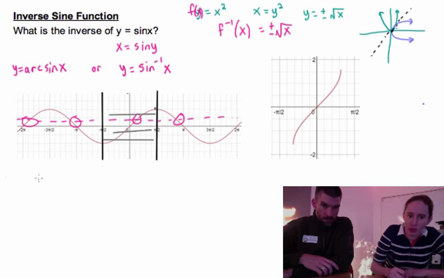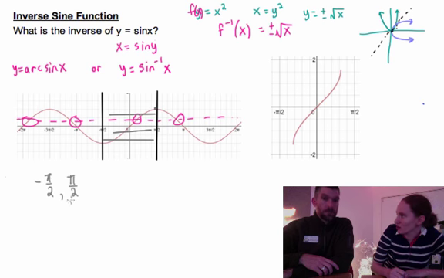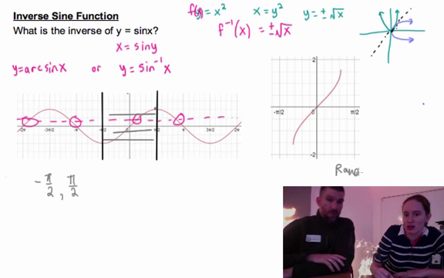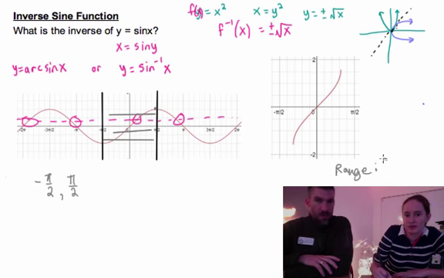Okay, so the important thing that you have to know for this is that sine has a domain of -π/2 to π/2, which means that inverse sine has a range of -π/2 to π/2, because x and y trade places.